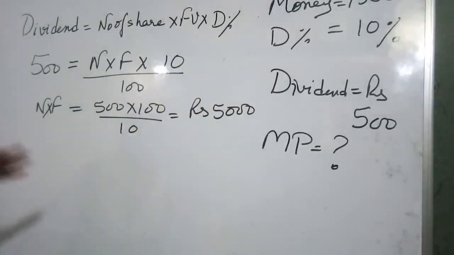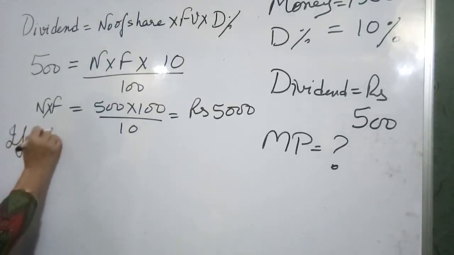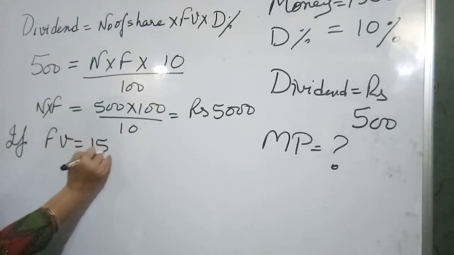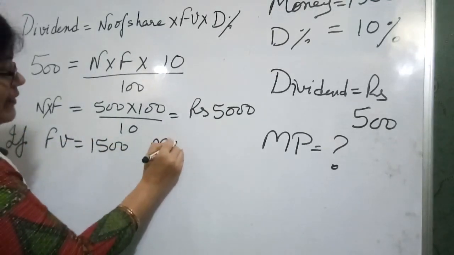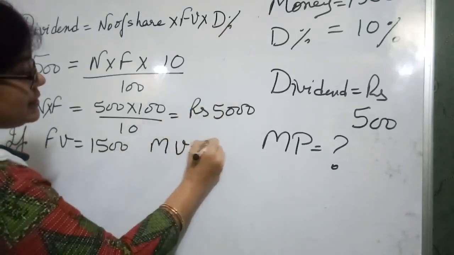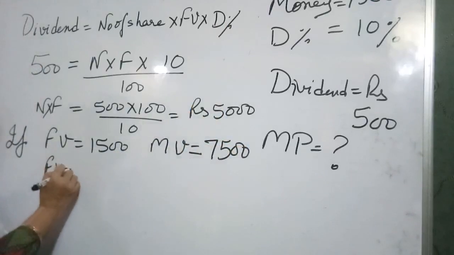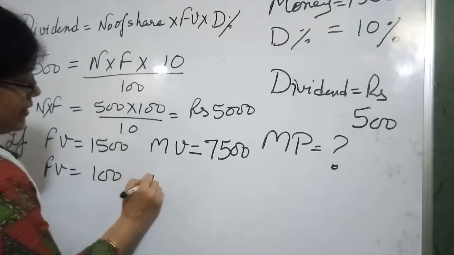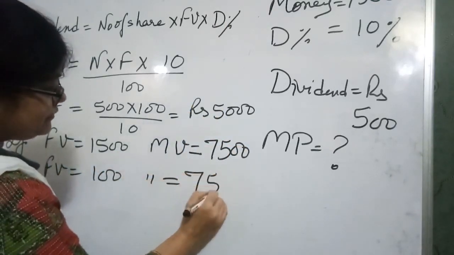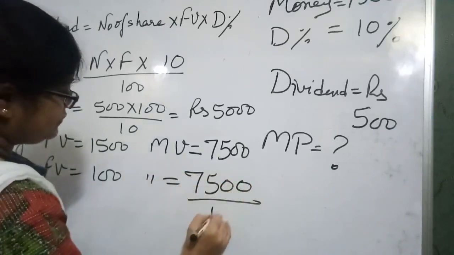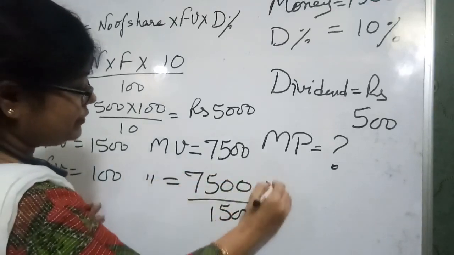Now listen, if face value is 1500, then market value investment is 7500. So when face value is 100, we get market value investment as 7500 over 1500 into 100.